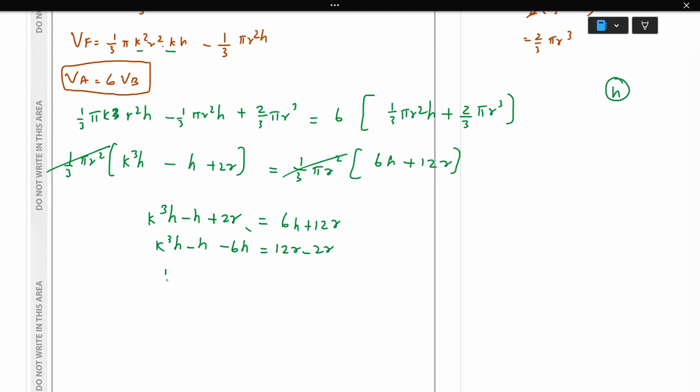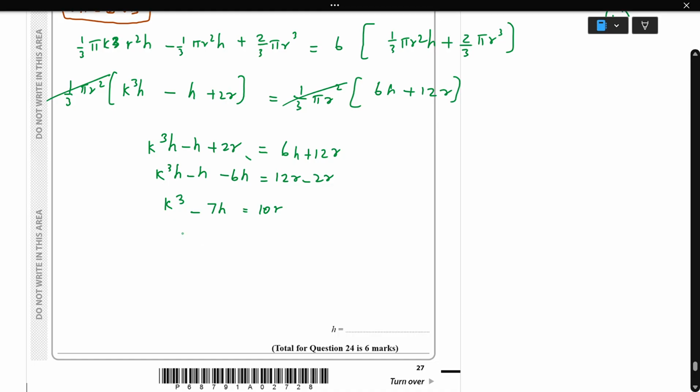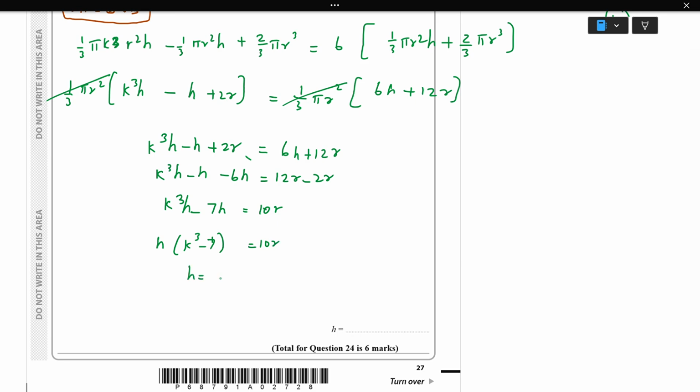So on the left side, k cube h minus h minus 6h minus 7h equal to 12r minus 2r, which is going to be 10r. So I'll bring h outside, k cube minus 7 equal to 10r. So h equal to 10r over k cube minus 7.